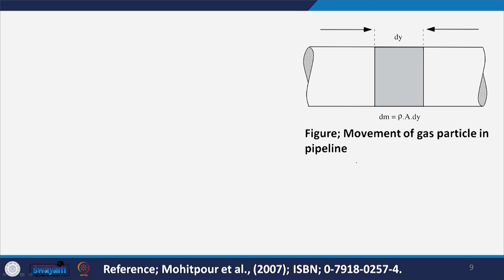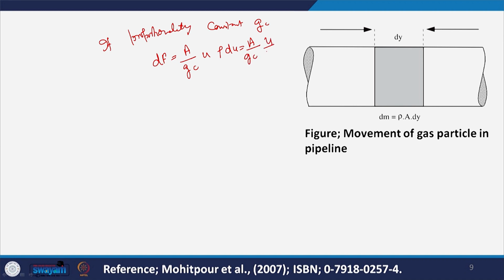Now, by using the proportionality constant Gc, we can write this equation as dF is equal to A over Gc u rho du, which is equal to A over Gc u du over v.